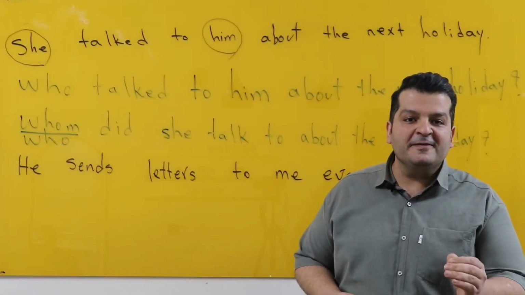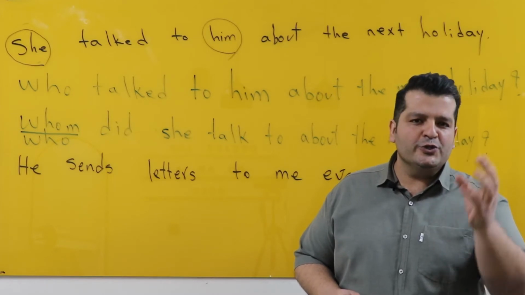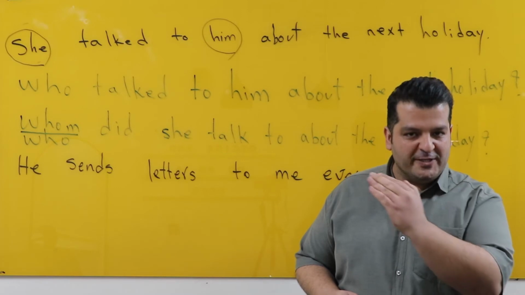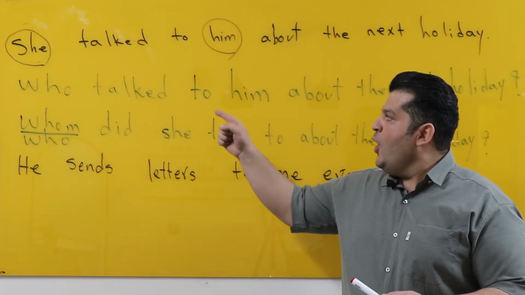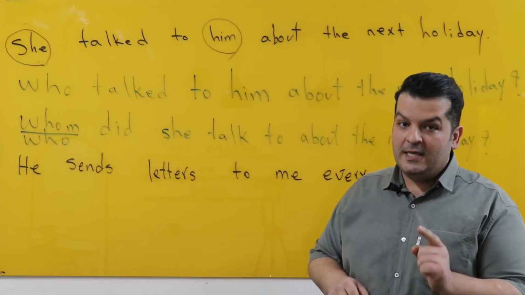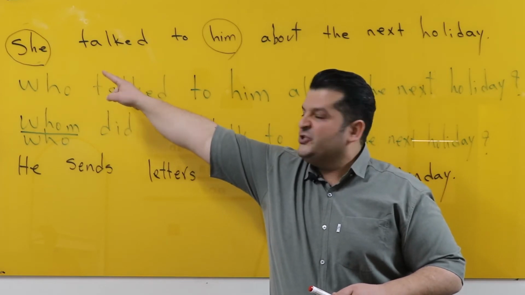It is very easy to make the question with who, because you just put who at the beginning of the sentence and then the rest of the sentence. Look, who talked to him about the next holiday? Here, we want to make the question for she.